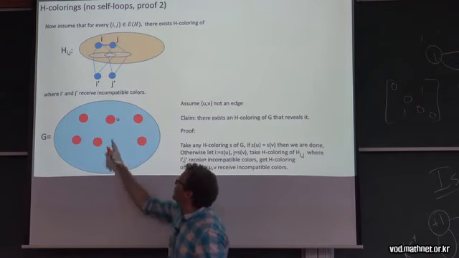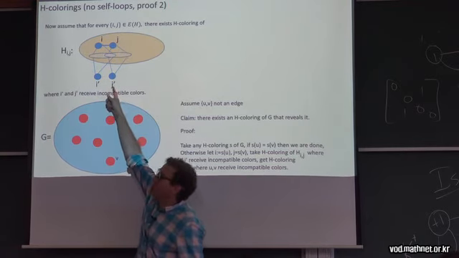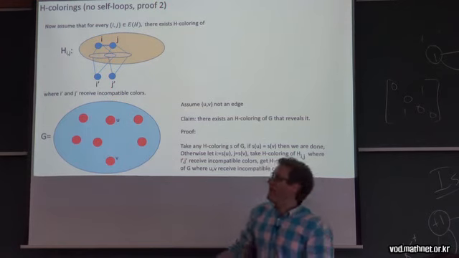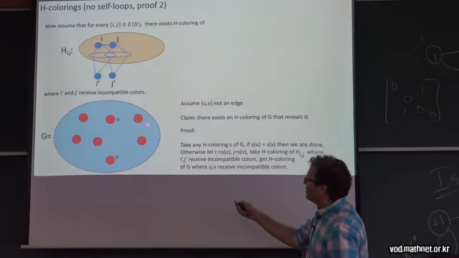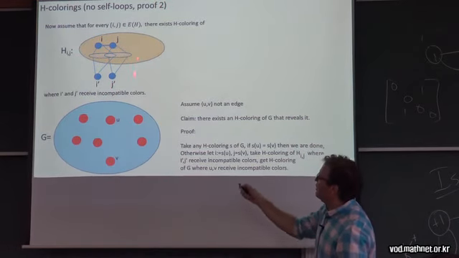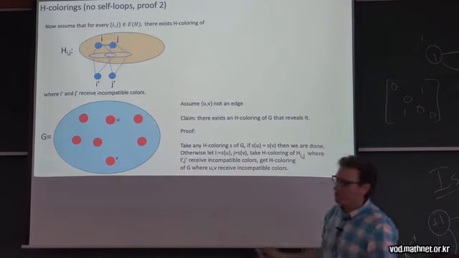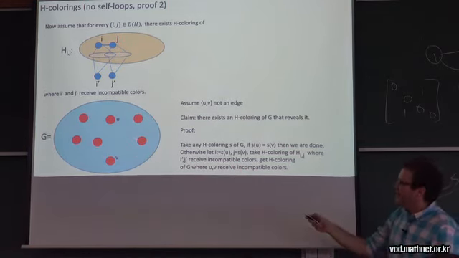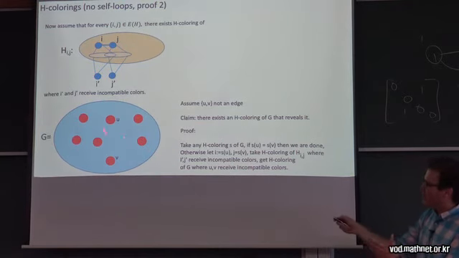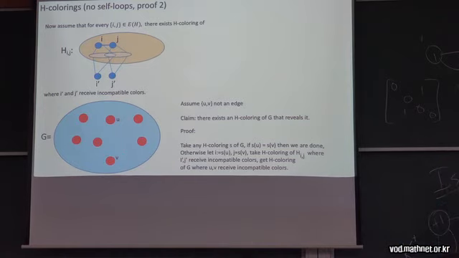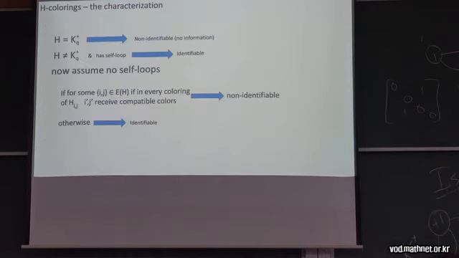And V's color, instead of J, replace it with the color of J prime in that coloring. And for everybody else, if this was vertex 3, I look at vertex 3 over here, and whatever its color is there, that's what I change it to. Then U and V are not compatible with each other, so that proves that there's no edge between U and V. So it shows it's identifiable. So that's it. That's the whole characterization.